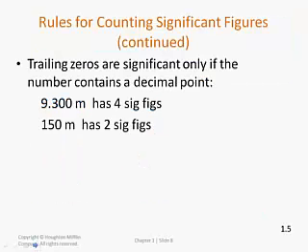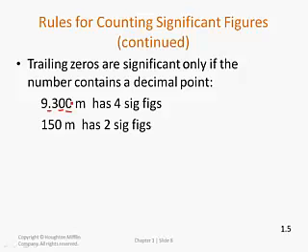Trailing zeros are zeros that are to the right of non-zero digits. And the thing to remember about trailing zeros is that they are only significant if the number has a decimal point. So for example, here we have 9.300. These two zeros are trailing zeros, and there is a decimal point in this number.